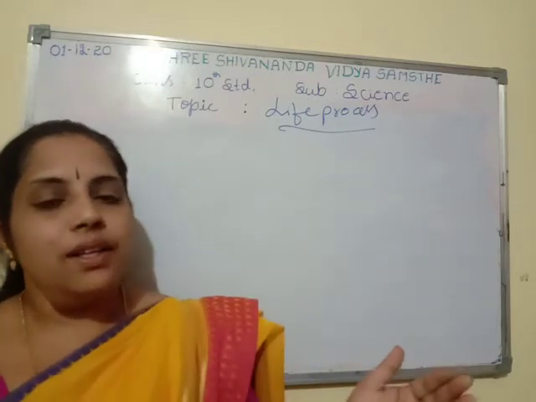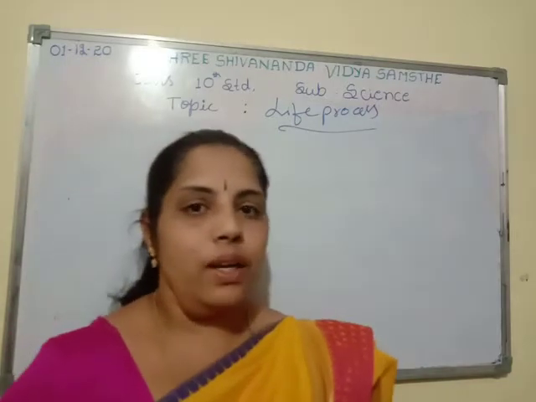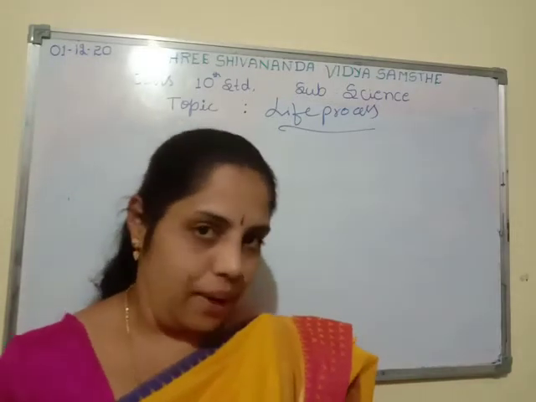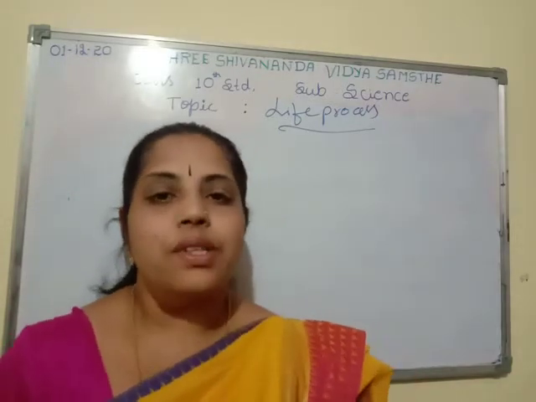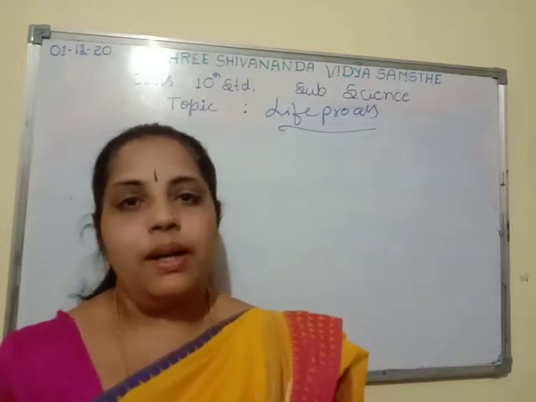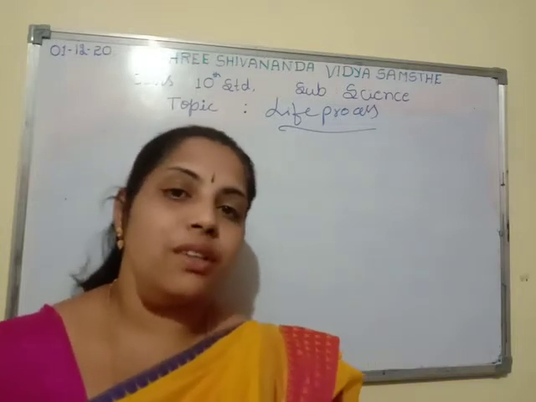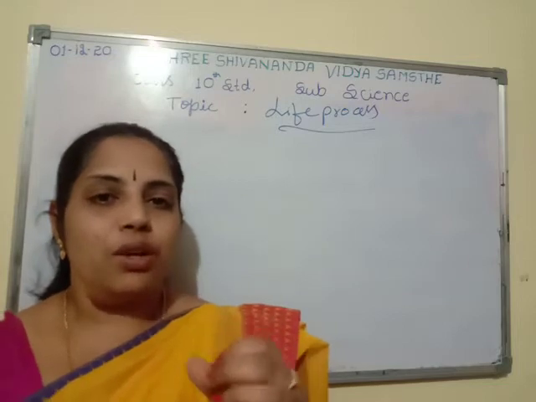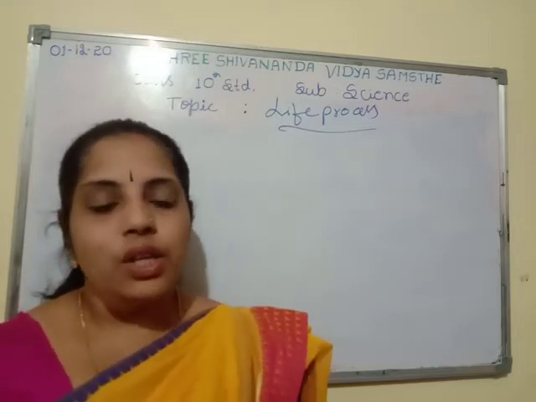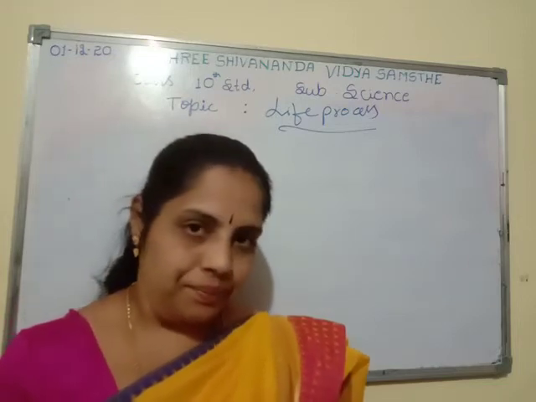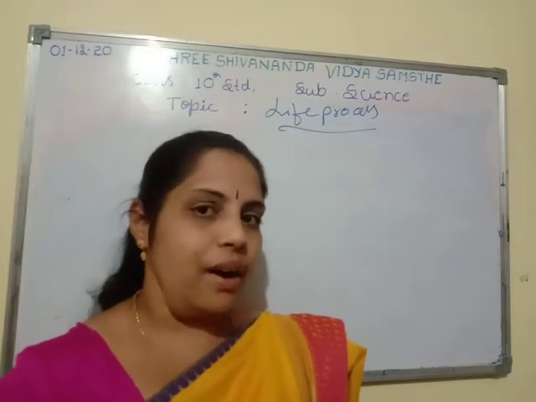So let us continue the lesson by knowing about the stomata today. Today we are going to discuss stomata, heterotrophic nutrition, and digestion, or nutrition, in human beings. Yes, let's start now.